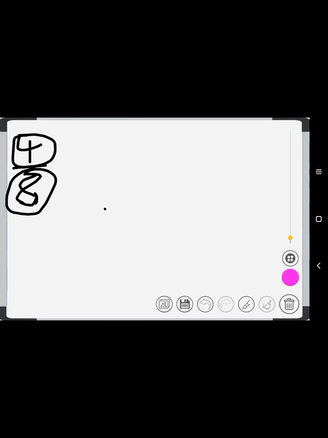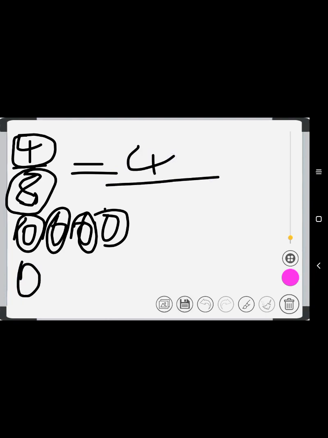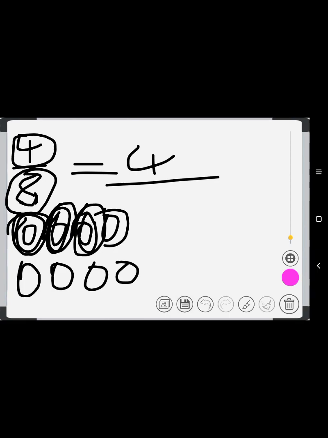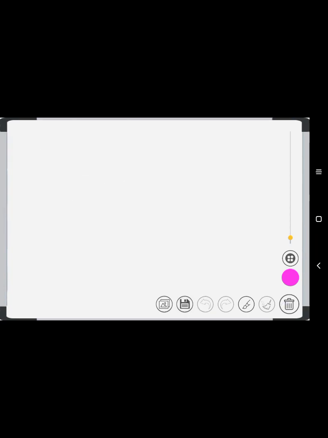So, we have 4 apples. 1, 2, 3, 4. 1, and a 1, and a 1, and a 1. That will be 4 again. And then we'll have 1, 2, 3, 4. We have a 1, and a 1, and a 1, and a 1, and a 1, 1, 1, 1. Same thing, but it can still be simplified.